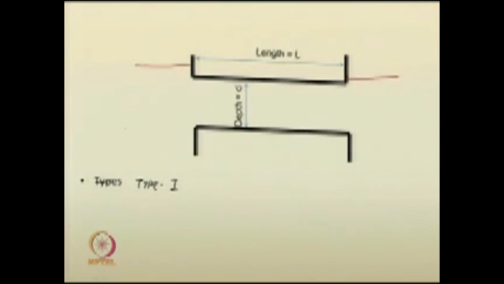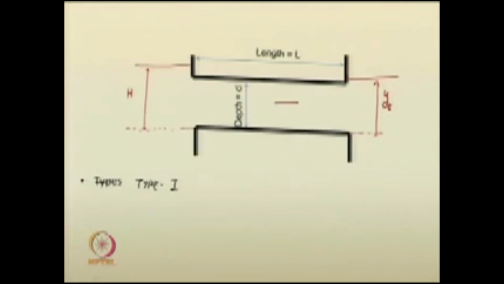You can now suggest, based on this bed of the culvert, this particular depth is tailwater depth, this particular depth is the headwater depth, and this is the culvert depth equal to D and culvert length L.